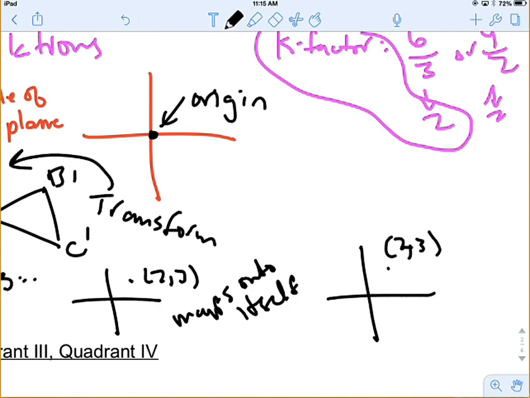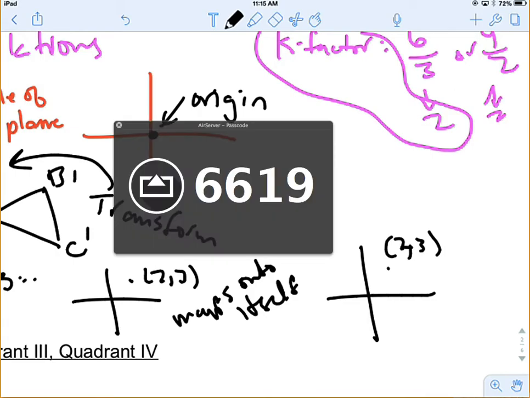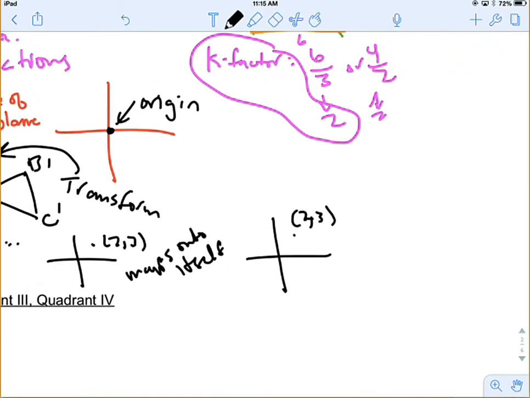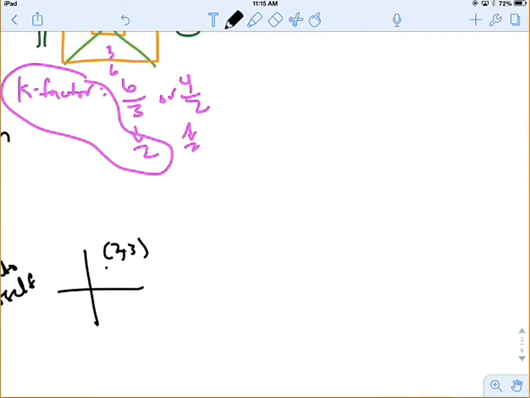Okay? So maps onto itself is like a dead giveaway for being like a center of a rotation. Center of rotation or center of dilation. This is usually a dead giveaway for it being those centers.